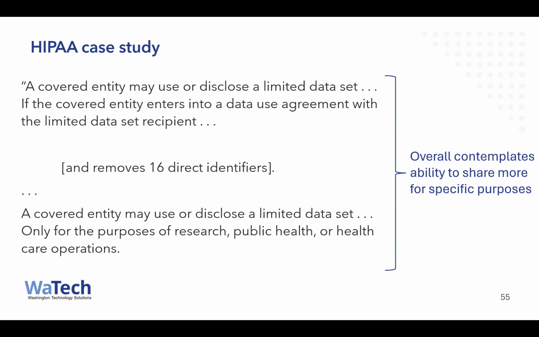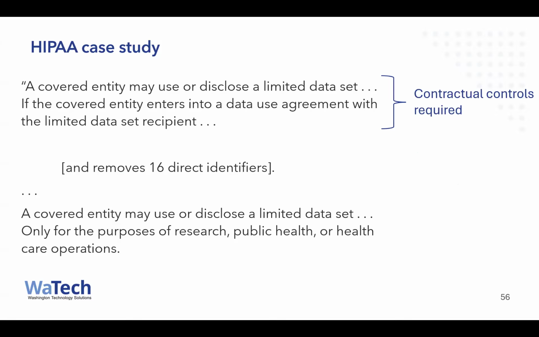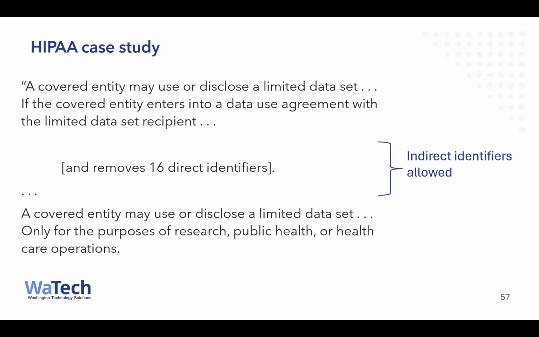There is one other way that HIPAA talks about pseudonymization, which is the concept of a limited data set, where it allows a covered entity, so someone subject to HIPAA, to disclose one of these data sets for specific purposes. So here, again, you have that contractual controls requirement. Because it's pseudonymous, it requires indirect identifiers to remain, but requires direct identifiers to be removed.